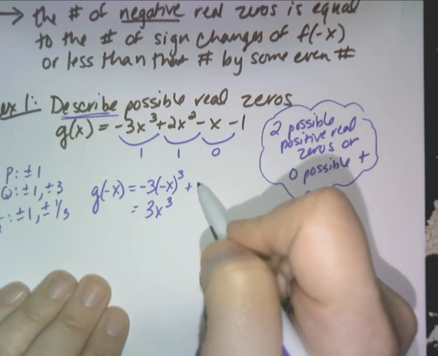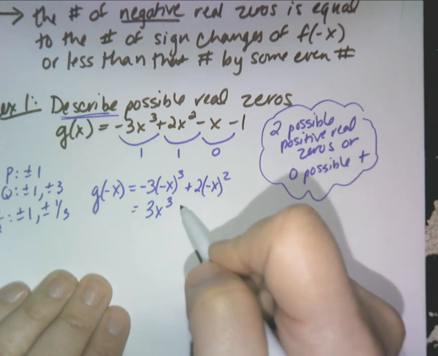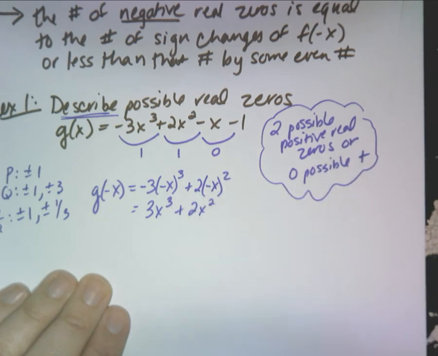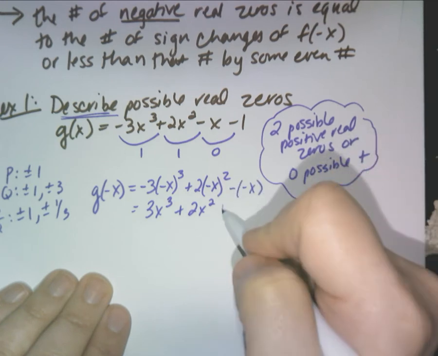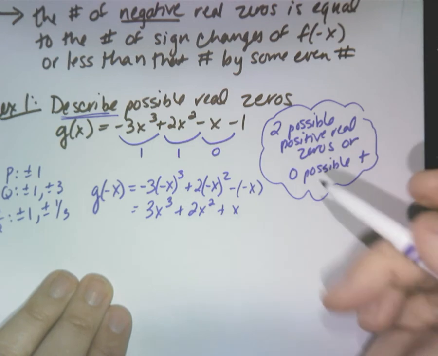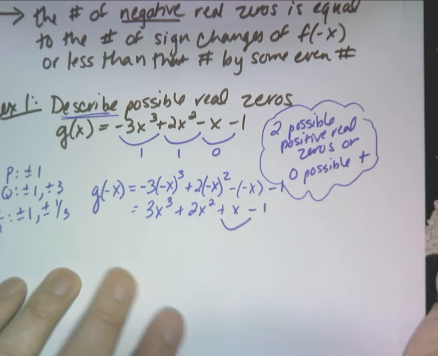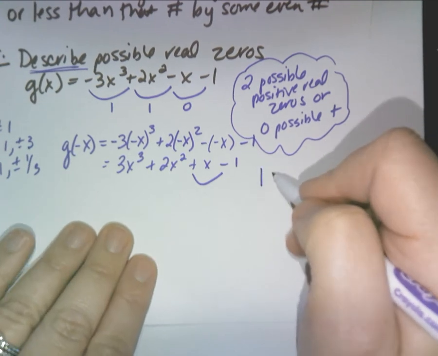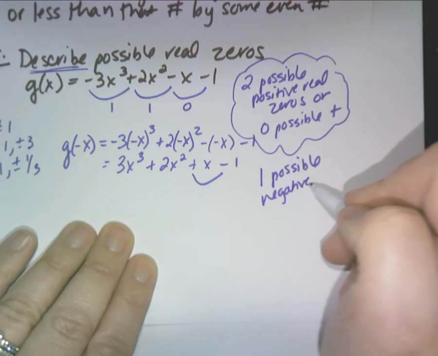All right, now let's plug negative x into this one, and we would get positive 2x squared. Plug negative x into an x, we get positive x. Have I had a sign change yet? Haven't had one sign change yet. And then minus 1. So there is 1 possible negative real zero.